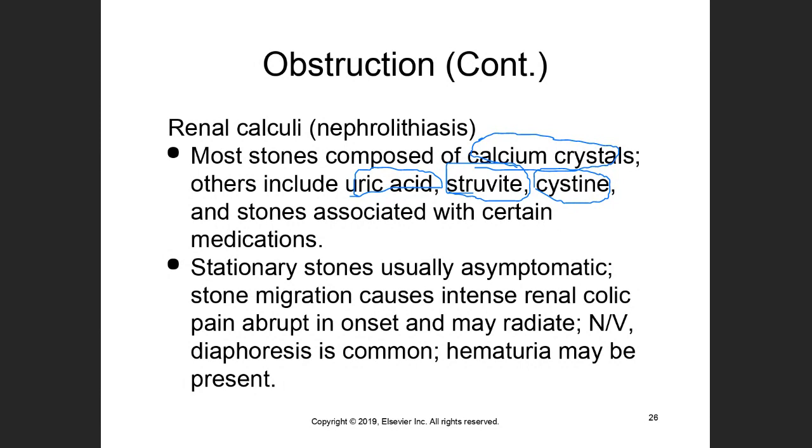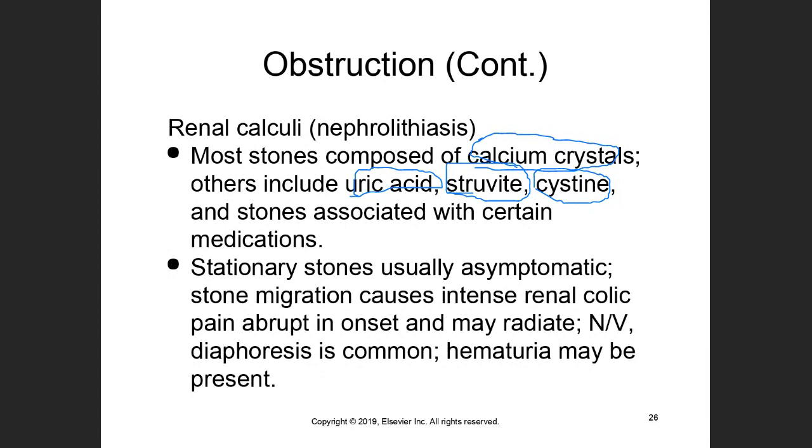Okay, stationary stones are usually asymptomatic. Stone migration causes intense renal colic, pain abrupt in onset, and it may radiate. Nausea and vomiting, diaphoresis is common. Hematuria, you could also see hematuria because when the stone passes through the ureter, it damages the membrane and produces a little bit of blood.